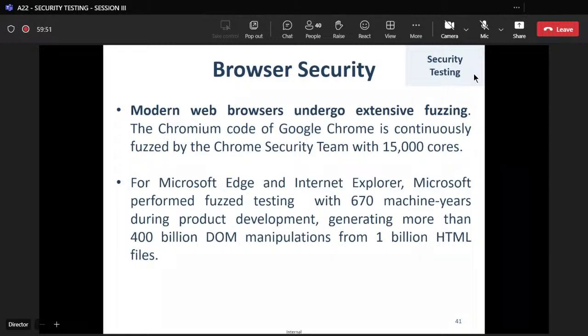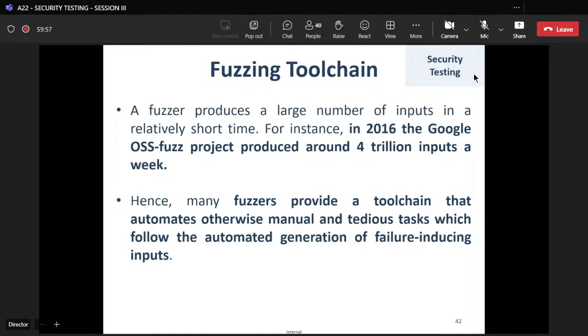This is the volume they gave for testing their browsers, especially for browser security. And in 2016, Google mentioned they spent around 4 trillion inputs a week to test the Google project.